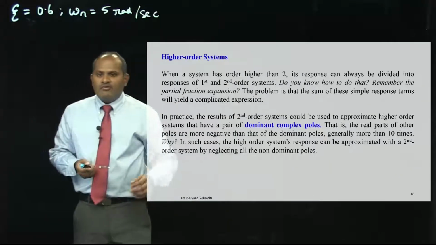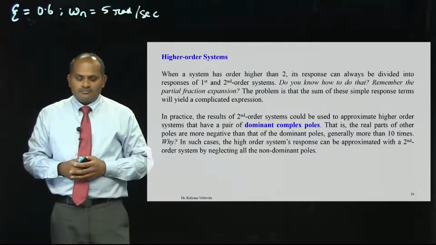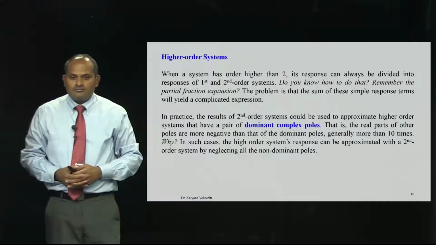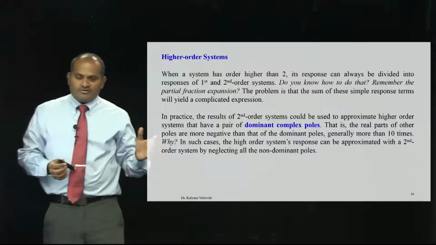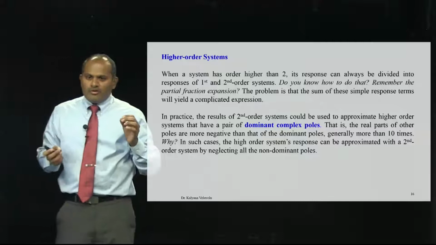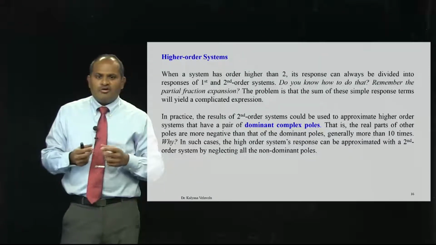Next part, we would like to go into higher order systems. Until now we have only worked on second order systems, that means the characteristic equation is of order 2.